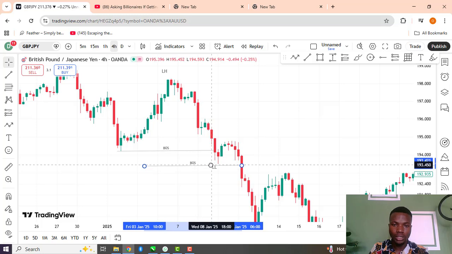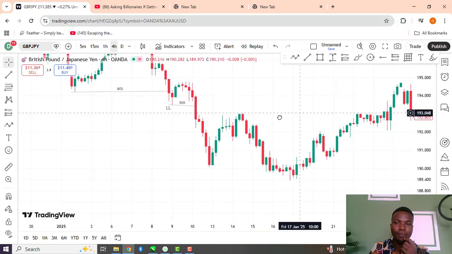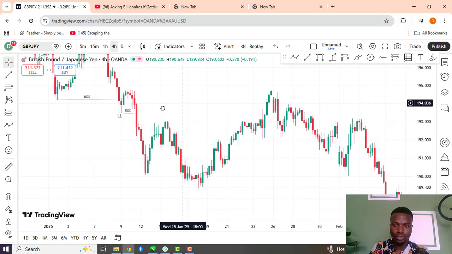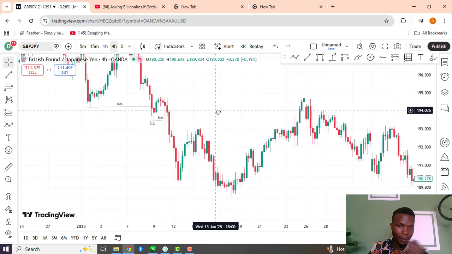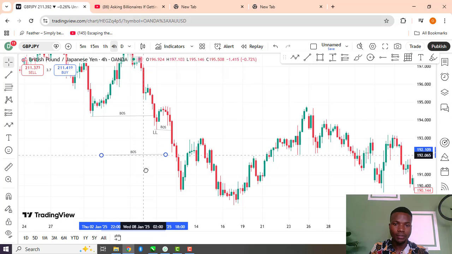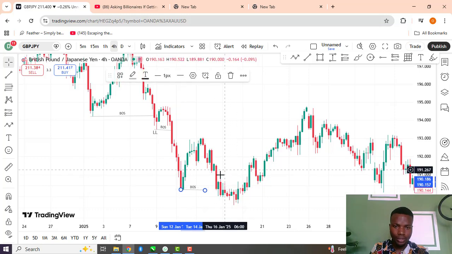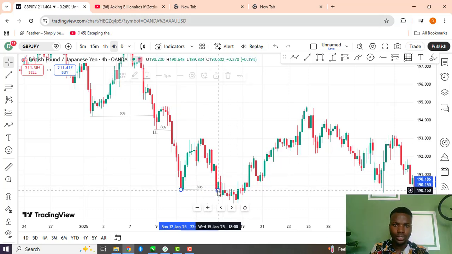So this is a break of structure, this is another break of structure. So let us continue to map out our break of structure. After that we also have a minor break of structure to the downside here. Okay, so this is another break of structure.